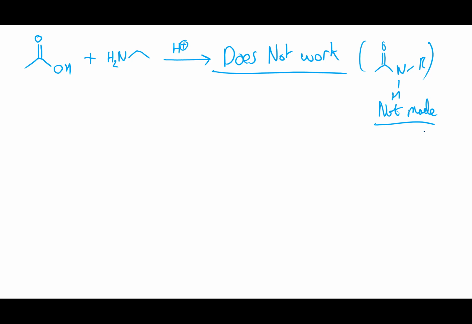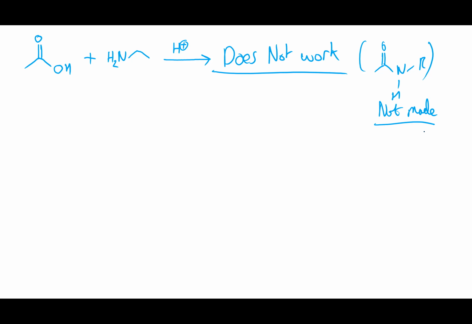Anyone else have a theory on this? You're right, the nitrogen is not going to react with the acid. So this comes down to the fact that I said this a few times, classes leading up to this.